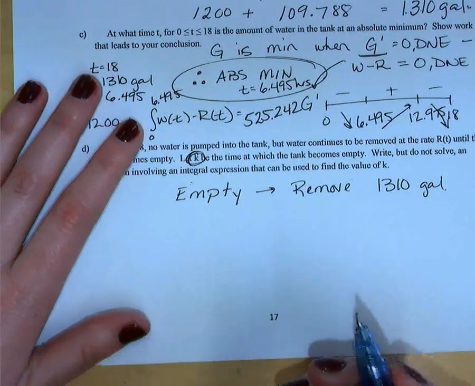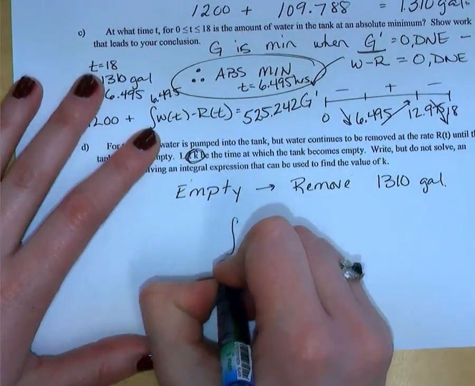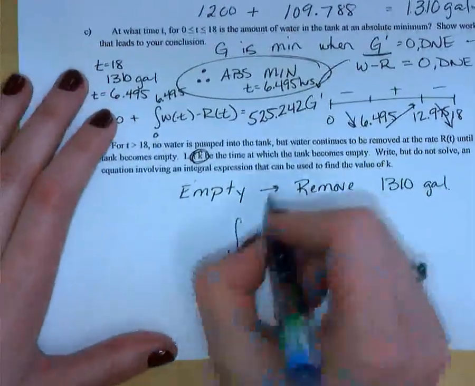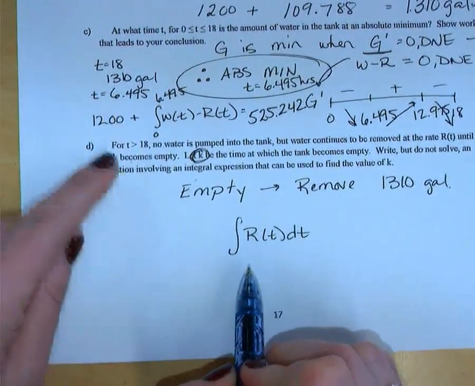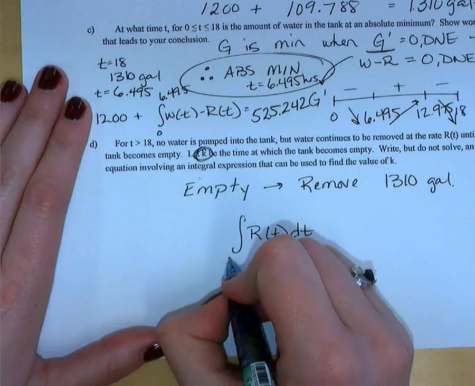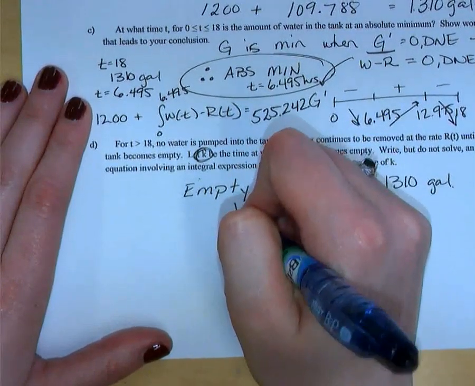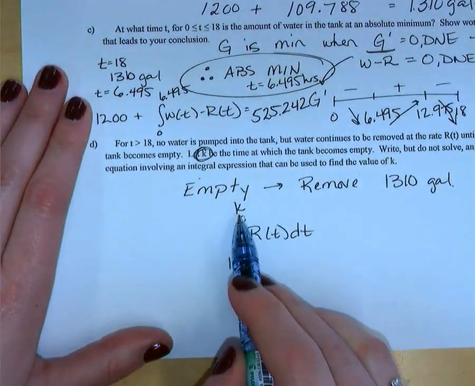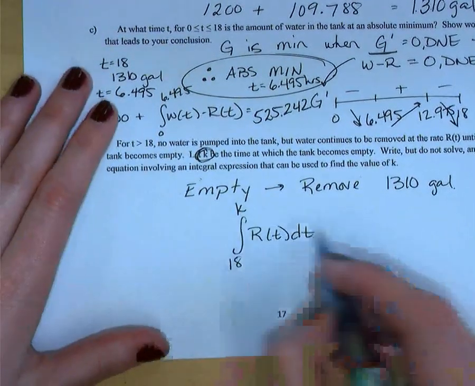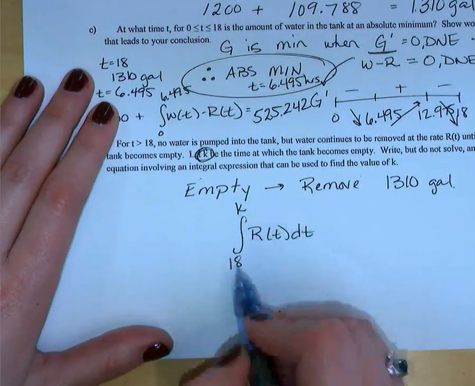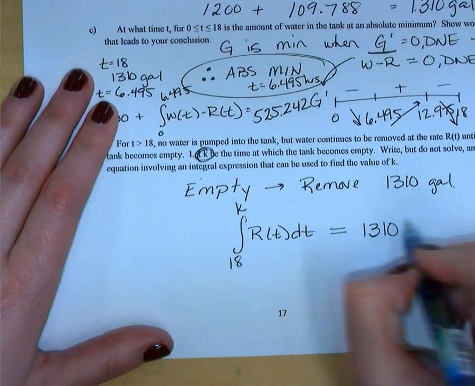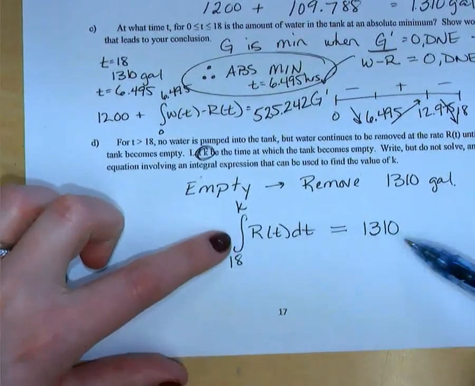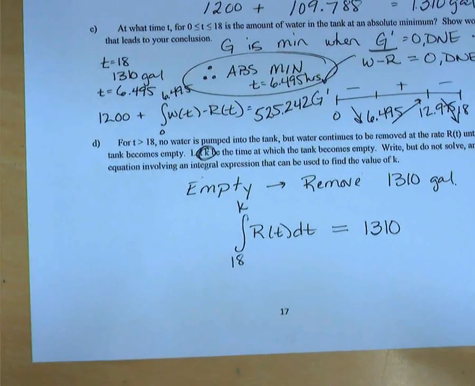So what I'm going to look at, I want to add up, integrate, the water being removed, that's R of T. Now this is after 18 hours. From 18 to sometime K, whatever that time is, that's when it's empty. And the amount of water that has to be removed has to equal 1,310. Because if I remove that much water, then the tank is empty.